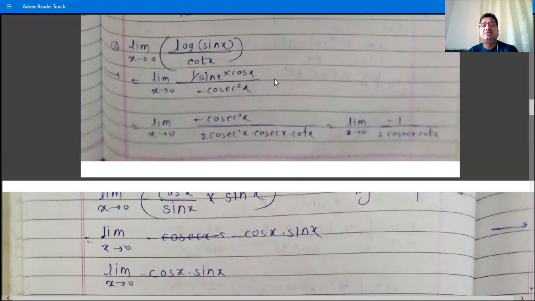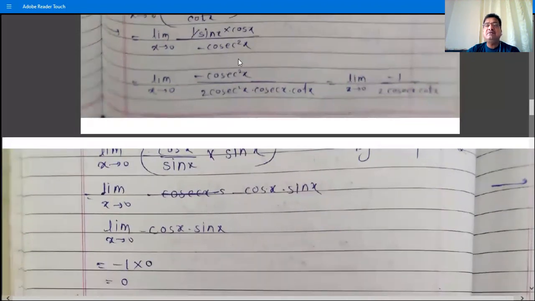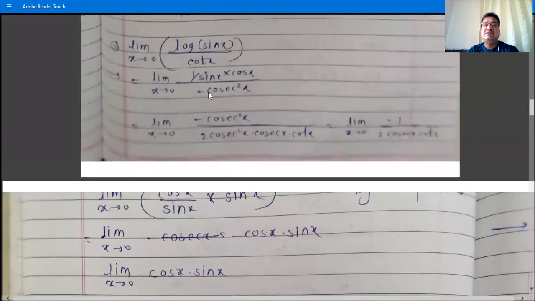Again apply L'Hospital rule, because we again have the infinity by infinity form. Derivative of cosec square x is 2 cosec x into derivative of cosec x, which is minus cosec x into cot x. So minus minus become plus.